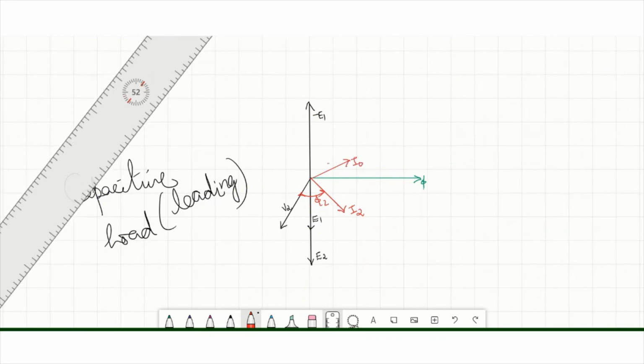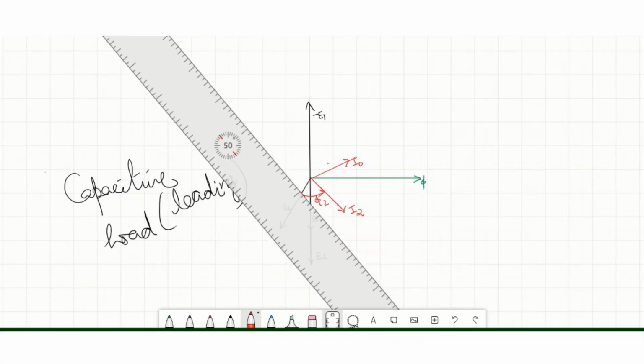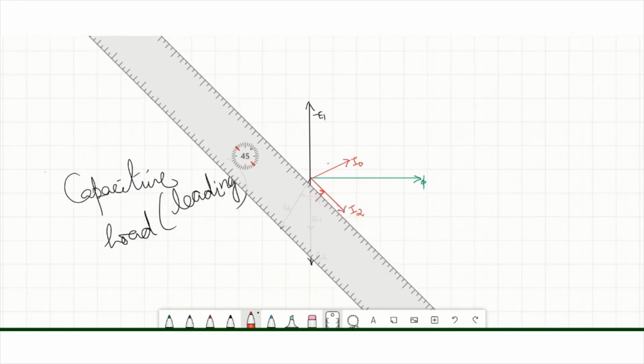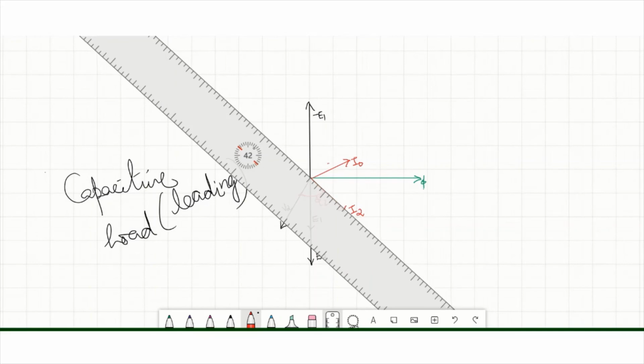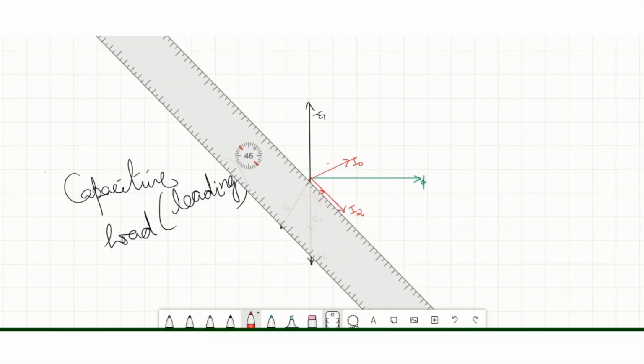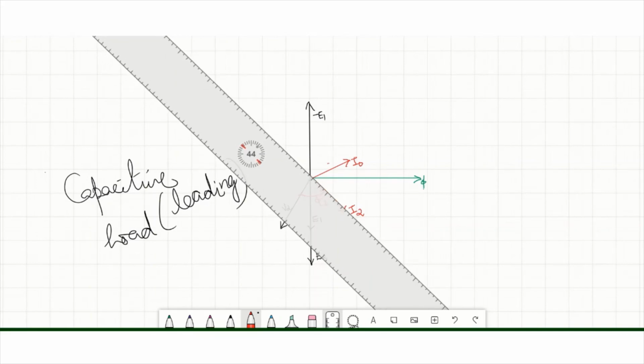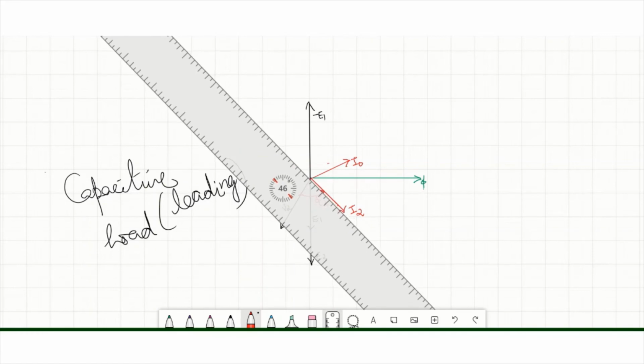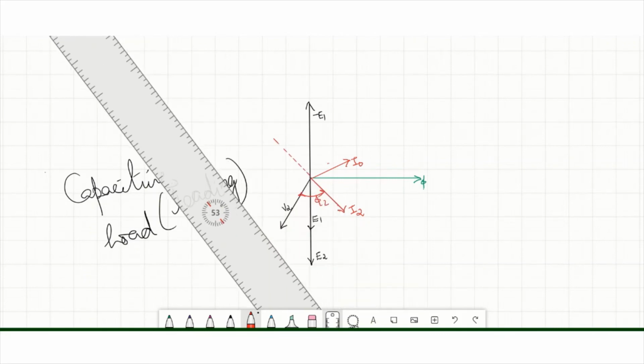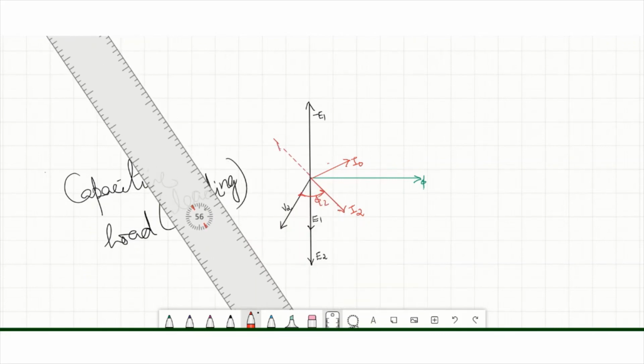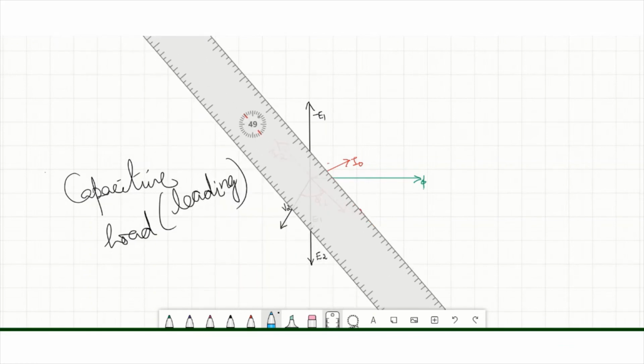Now draw I2 dash. In order to get I2 dash, extend I2 to the negative side. Now this dotted line gives I2 dash. Now we have to draw I1. In order to get I1, construct a parallelogram with sides I0 and I2 dash.